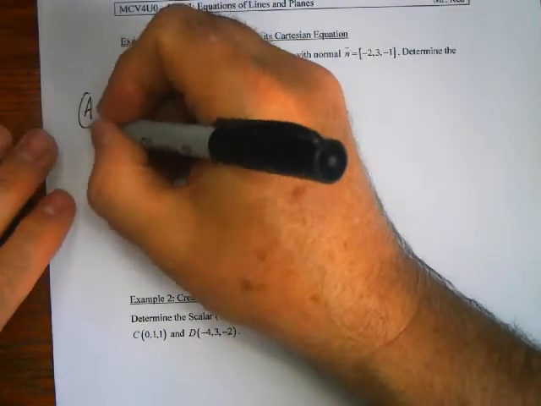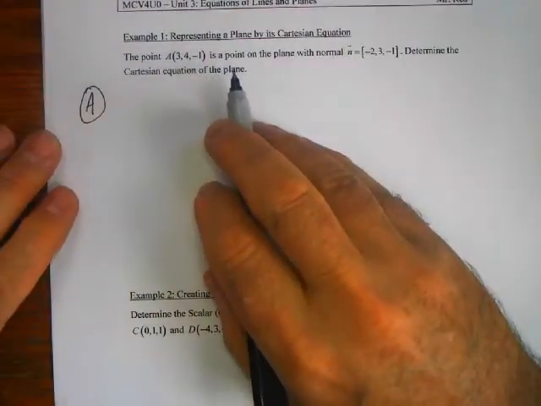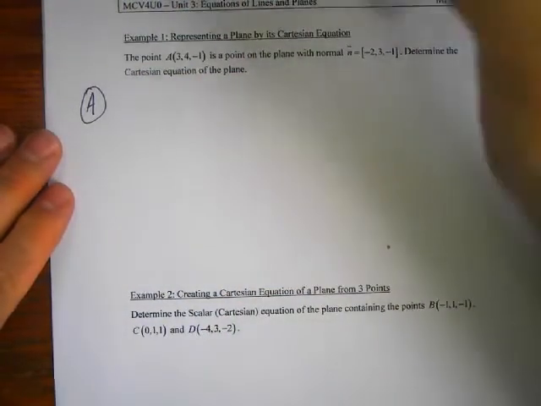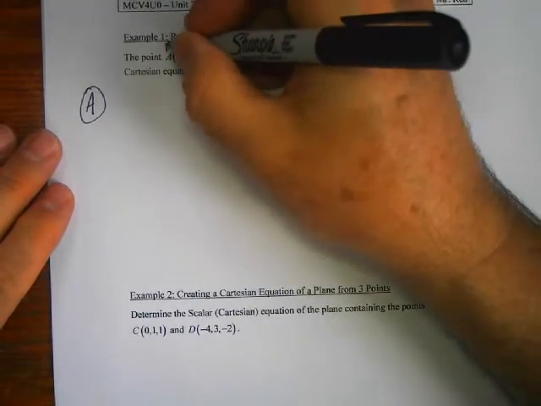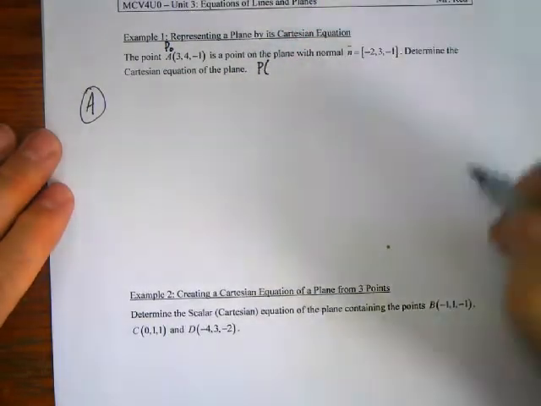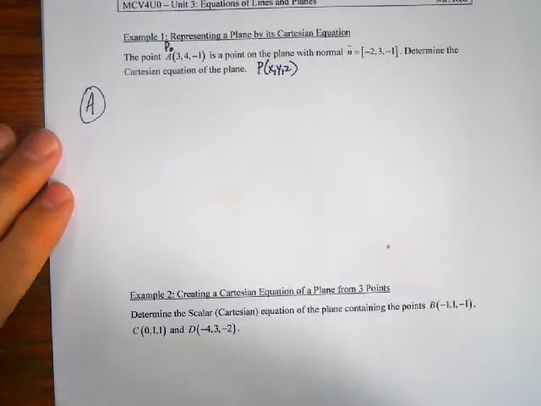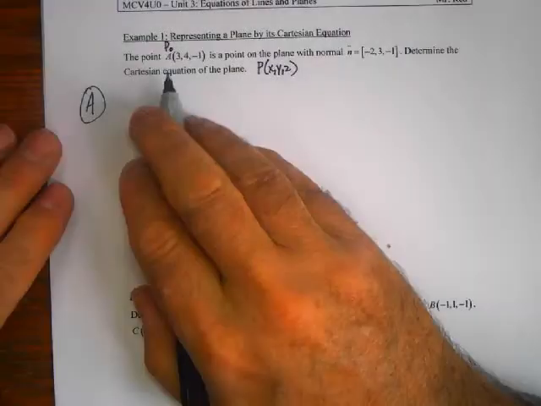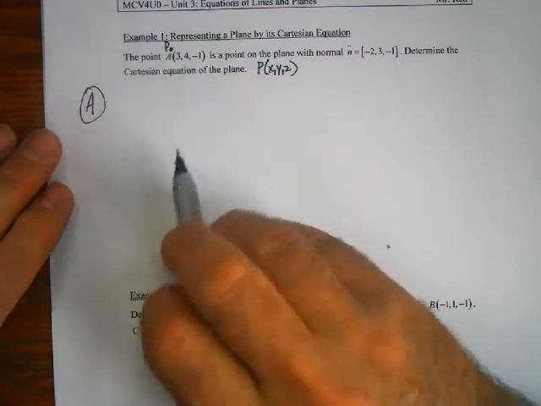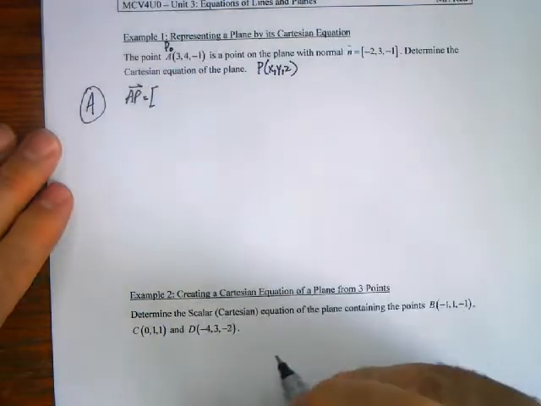So here's method A. I'm going to also refer to A as P naught, but I'm also going to have a generic point on the plane, call it X, Y, Z, point P. If I wanted to come up with a direction vector between A and P, we'll call it AP, we're just subtracting the components.